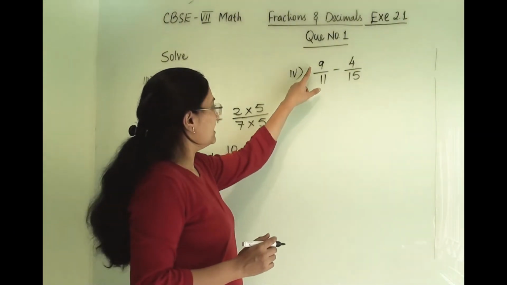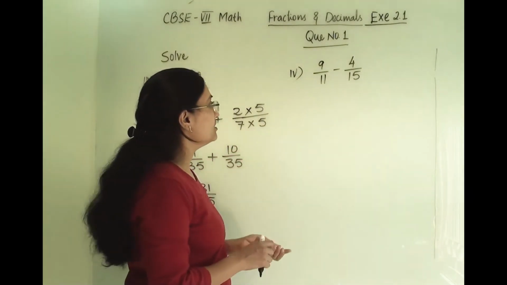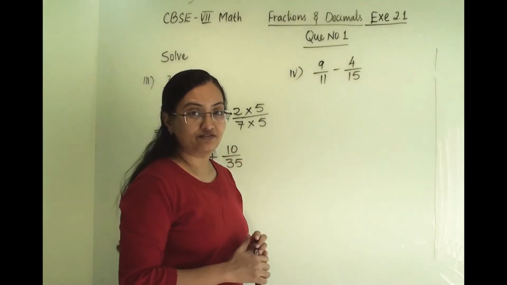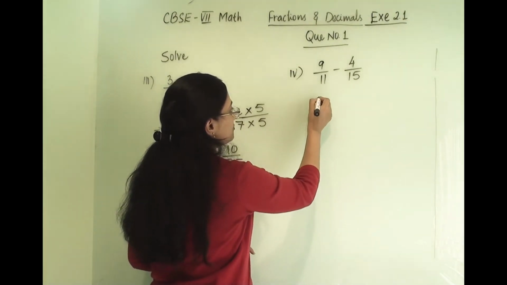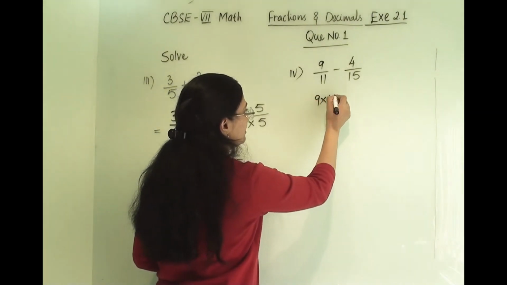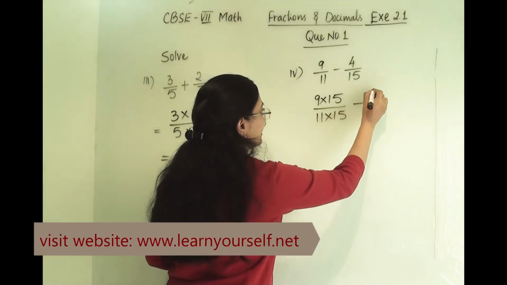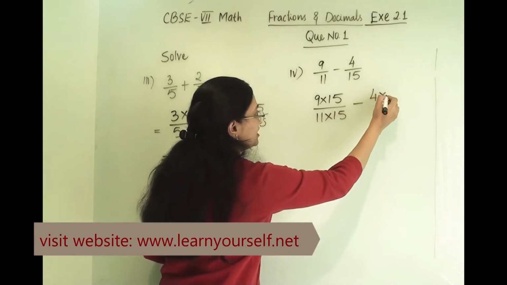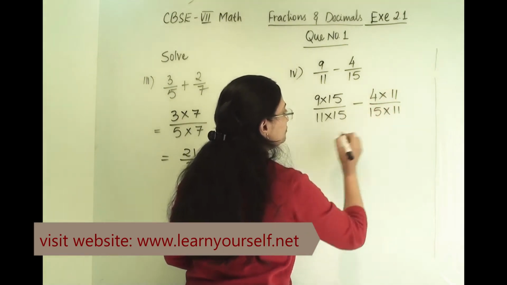Fourth sum, 9 divided by 11 minus 4 divided by 15. Here, to change them into like fractions, we will multiply with each other's denominator. So 9 into 15 divided by 11 into 15 minus 4 into 11 divided by 15 into 11.